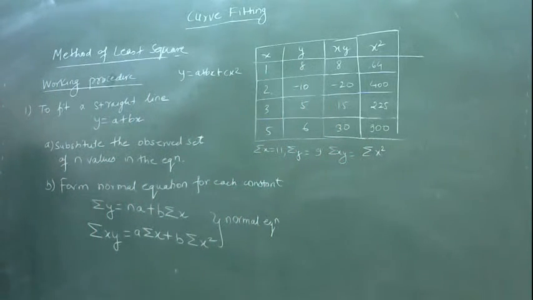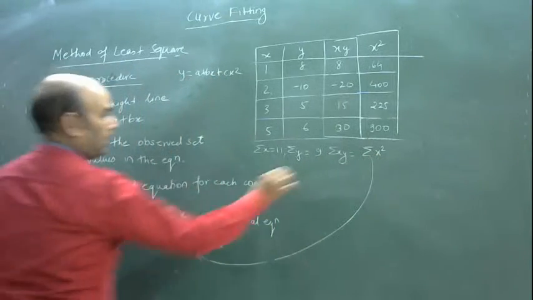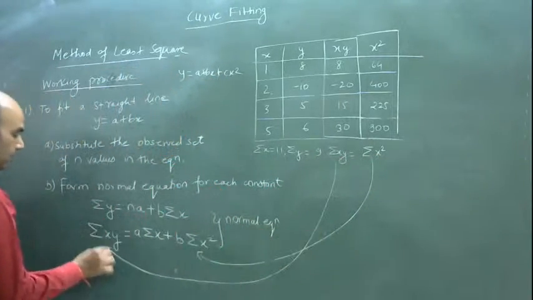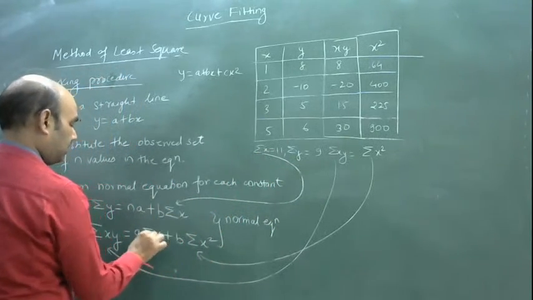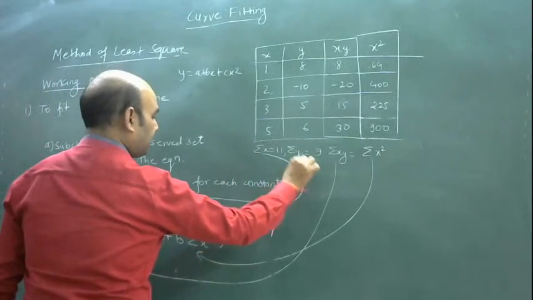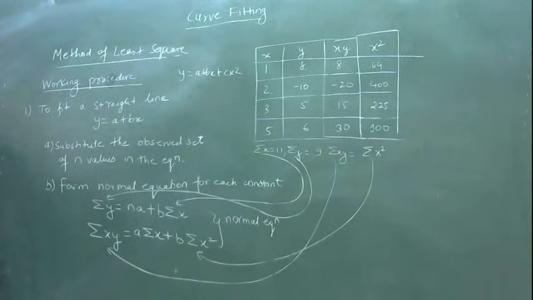Okay, so this summation x square will be substituted here, and summation of xy will be substituted here. Summation xy will be here, and here also summation xy, and this is summation y. Okay, so substitute the values.